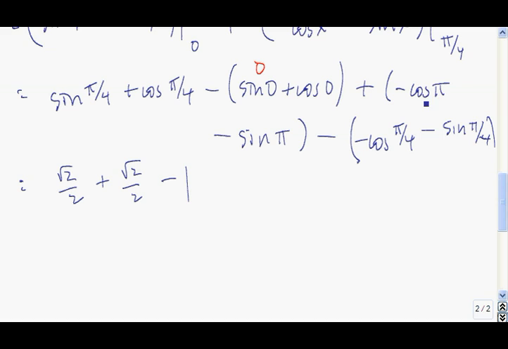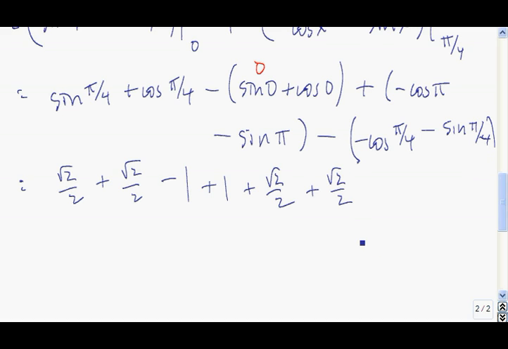Well, cosine of pi is negative 1, so we have negative negative 1, which is positive 1. Then plus sine of pi here is 0, so we have plus a negative 0, which is 0. Then finally, minus a minus cosine of pi over 4, so that's plus cosine of pi over 4, minus a minus sine of pi over 4 is plus sine of pi over 4.